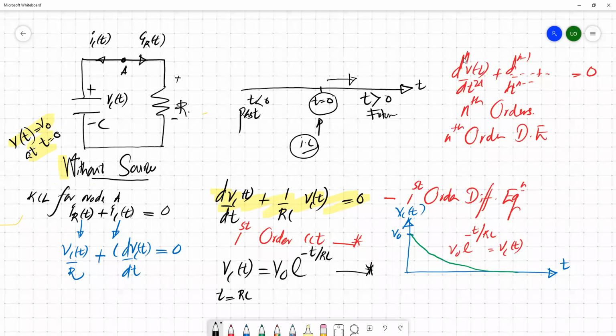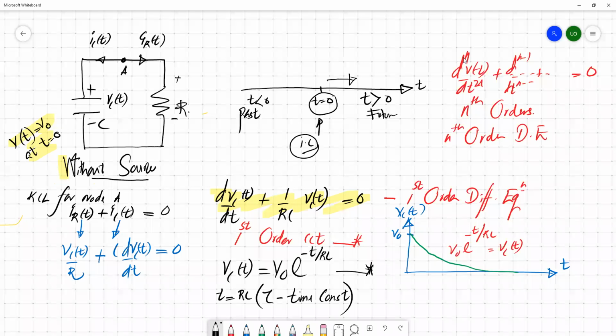R is the equivalent resistance of the circuit and C is the equivalent capacitance of the circuit. If you have multiple capacitors and resistors, you can simplify them to a single resistor and single capacitor. The product of R and C gives the time constant, which is indicated by tau.